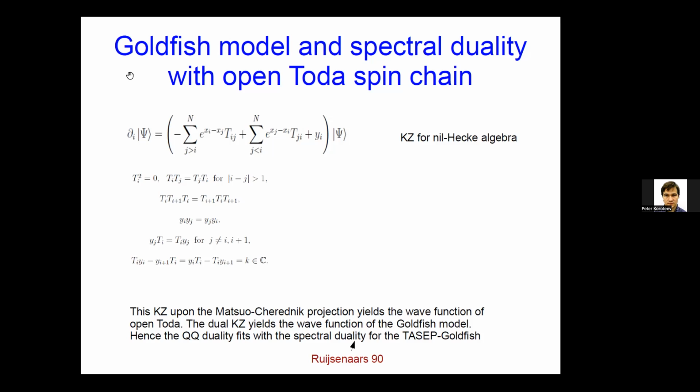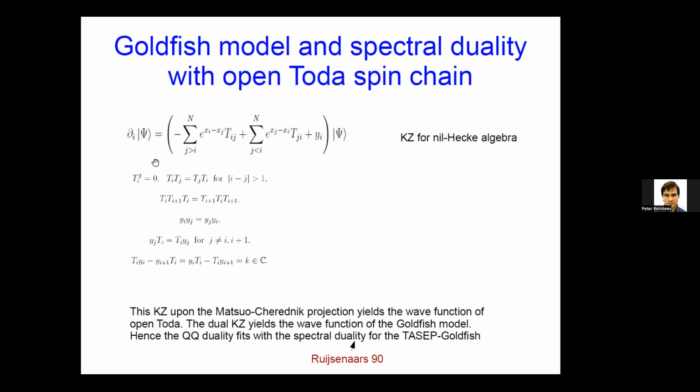And the question is whether this duality is consistent with the quantization picture. To this aim, it's possible to write down the version of the Knizhnik-Zamolodchikov equation which is relevant for Toda. It is just a peculiar limit of the quantum Knizhnik-Zamolodchikov equation. In this limit, the following operators are relevant. It is the so-called nil-Hecke algebra with operators T_i's and Y_i's with the following commutation relations.